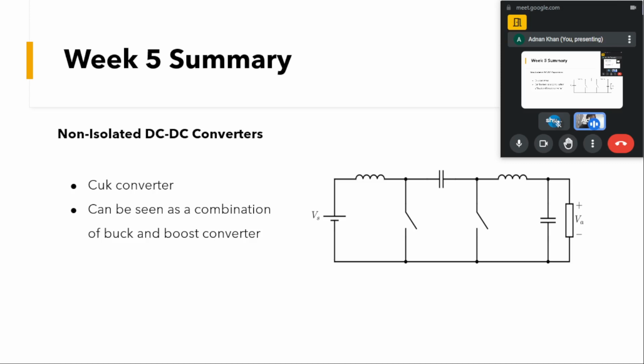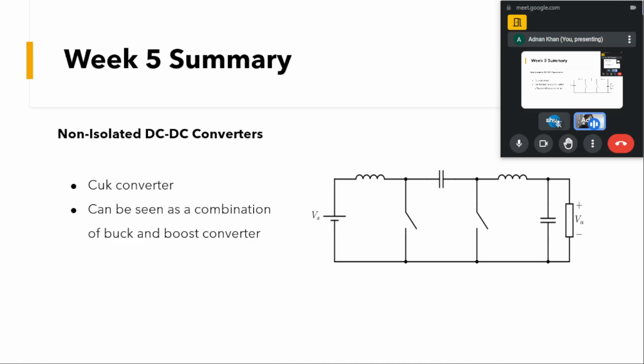The other topology discussed last week was the boost topology, where we had an input of some voltage and we wanted at the output a voltage higher than the input. In those applications, we used the boost topology.